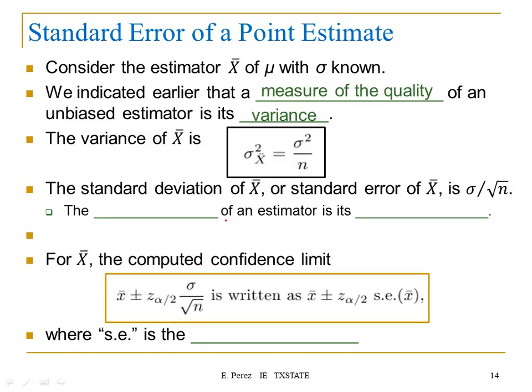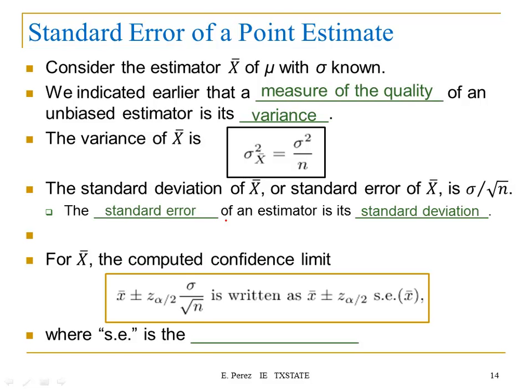So the variance of x bar, as we learned for the sampling distributions, equals the population variance divided by n. The standard deviation of x bar, or standard error of x bar, is the square root of this expression, which is the standard deviation.